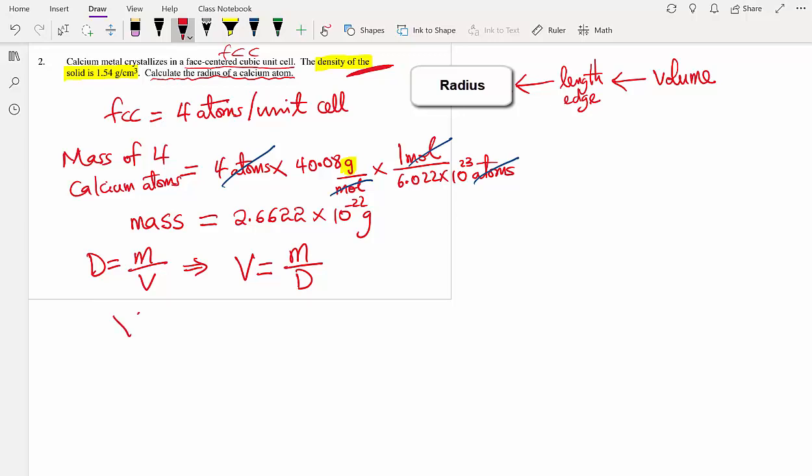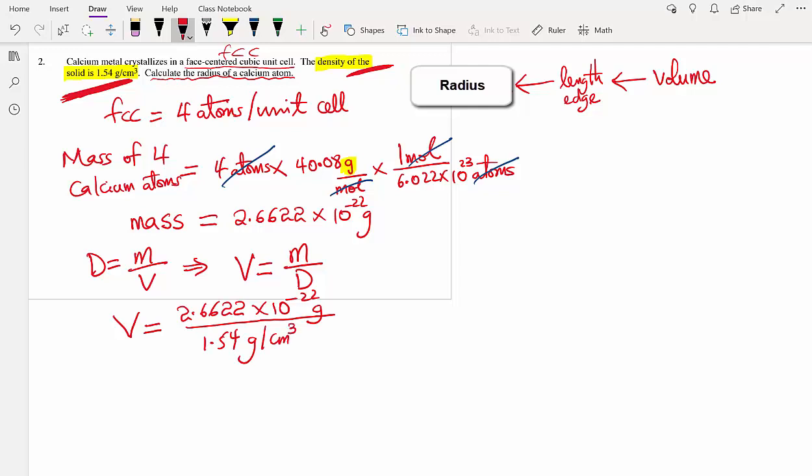So the volume of the unit cell will be equal to 2.6622 times 10 to negative 22 grams, which is the mass of the unit cell, divided by the density of the unit cell, which was given to us, which is 1.54 grams per cubic centimeter.